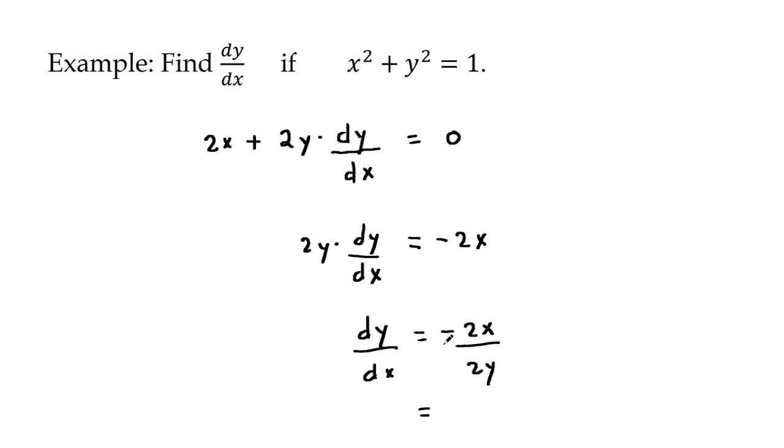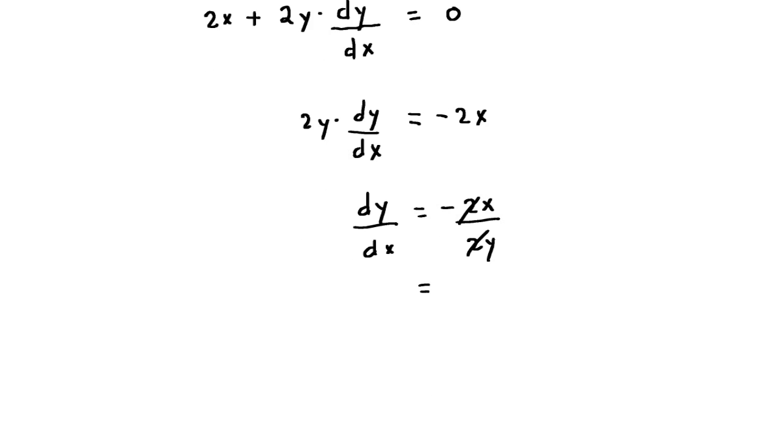The 2's cancel out, and we just end up with negative x over y. Note that dy dx is a function of x and y. It's not just a function of x.